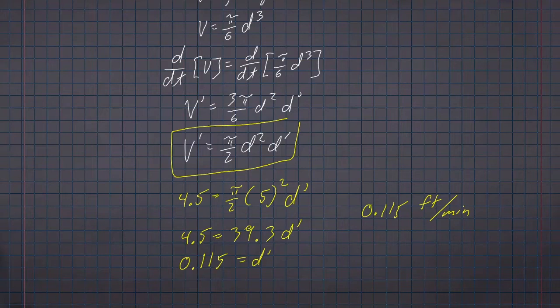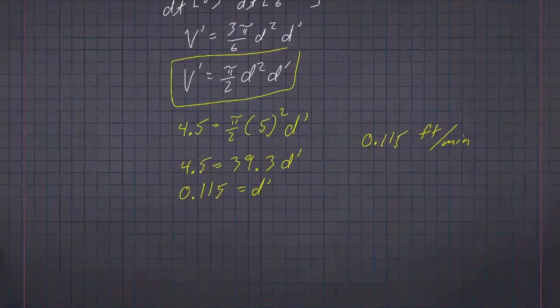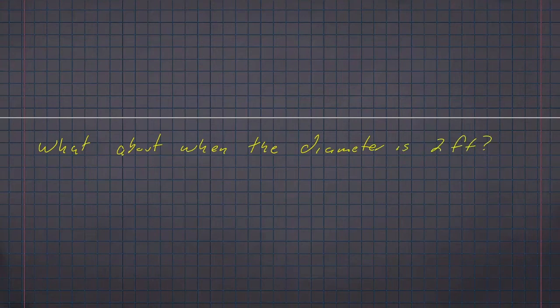If we look at a place where the diameter is smaller, we've already done all of the hard work, so we can very simply look at a related problem. What about when the diameter is 2 feet?